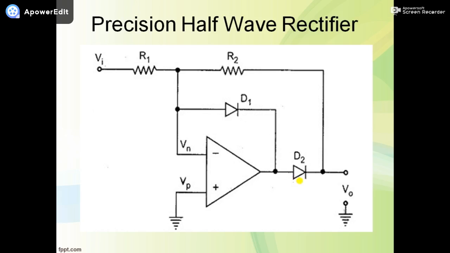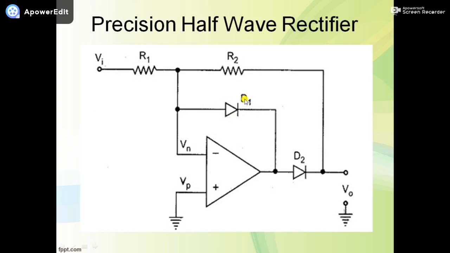When D2 becomes reverse biased, it is not possible to get the output voltage, because this diode acts as an open switch. At the same time, diode D1 becomes a closed switch because it is forward biased.